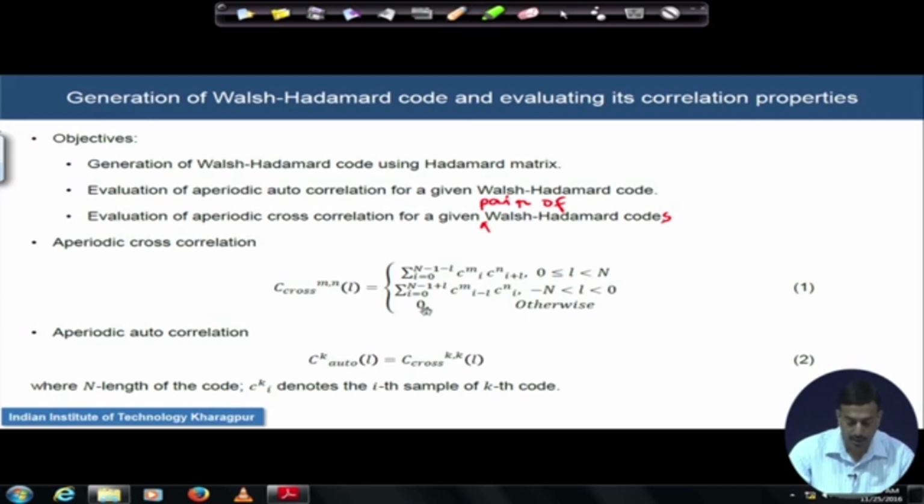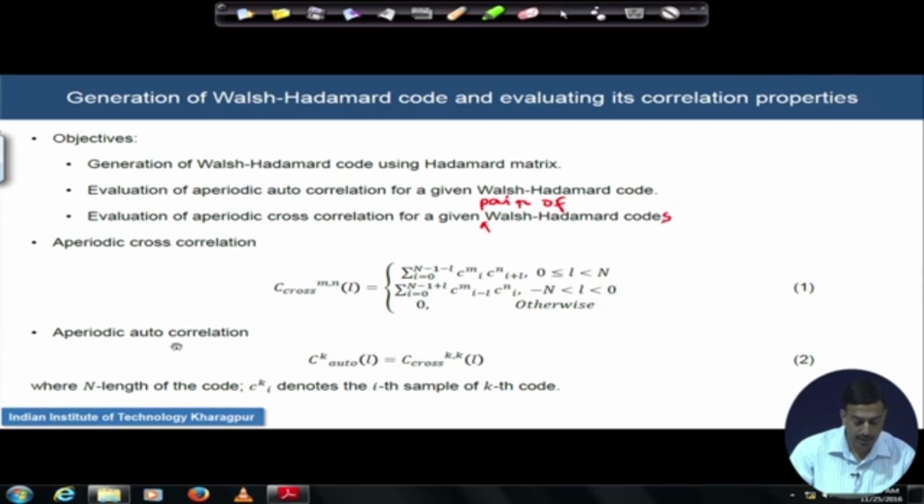The value outside this range is equal to 0, which is essentially the meaning of aperiodic cross correlation. We are going to test the property. The codes do not repeat themselves, just that once the overlap between the codes is over, the value of the corresponding correlation term turns out to be 0. So that is the significance of the correlation being aperiodic.